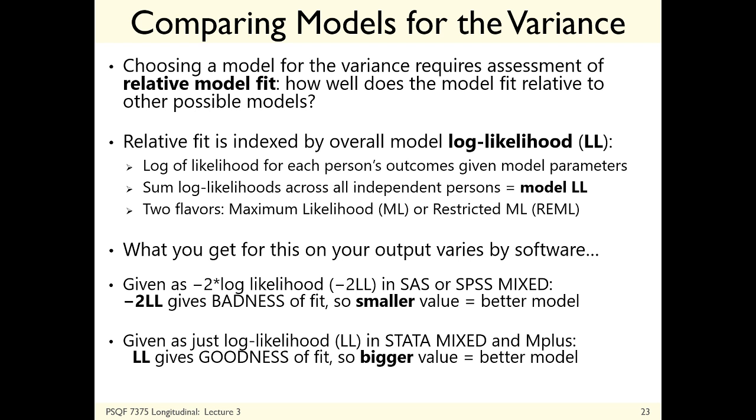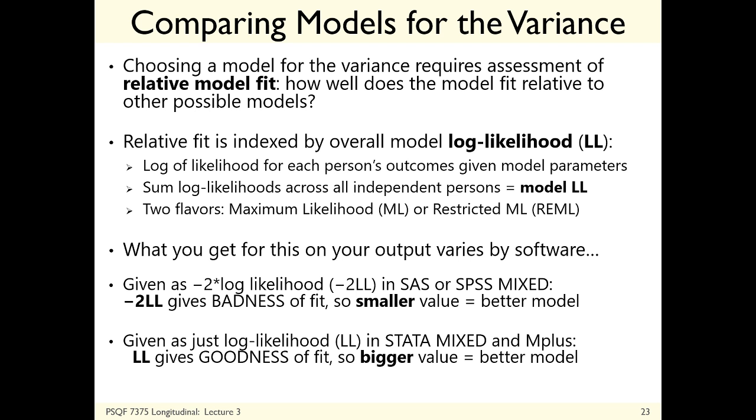If they give you something called -2 log likelihood, the metric of that is backwards. Because it's log likelihood times -2, smaller is better. So think of it as lack of height, shortness. Where log likelihood is height, tallness, this is shortness instead. In Stata's version of mixed and in Mplus, they give you the original log likelihood instead, where bigger is better.